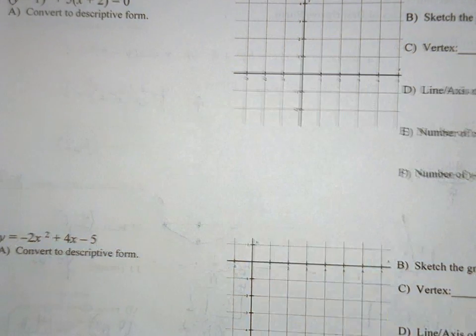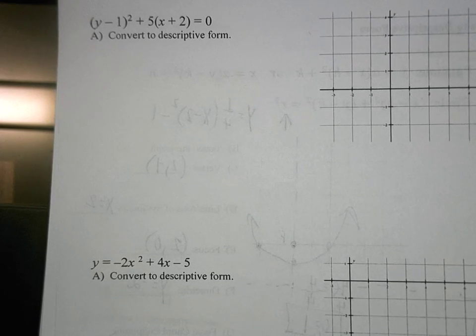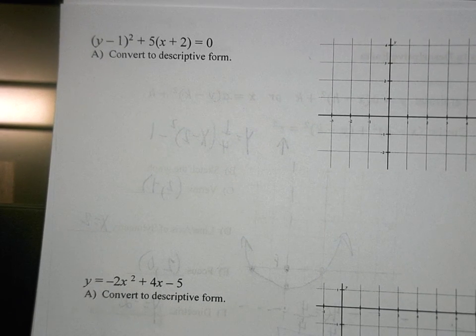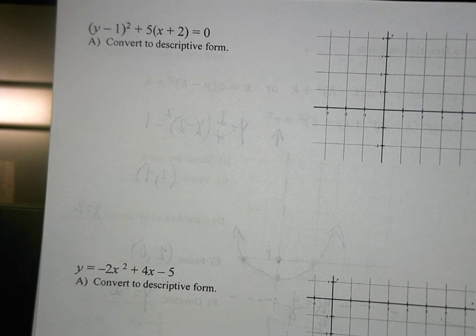Okay. So looking at this equation, what type of equation is it? Very good. How do you know? Only one squared term. Very good. Okay. So let's go ahead and put it into descriptive form, and then we can decide on what our direction is and stuff.